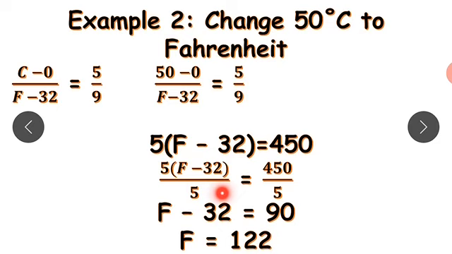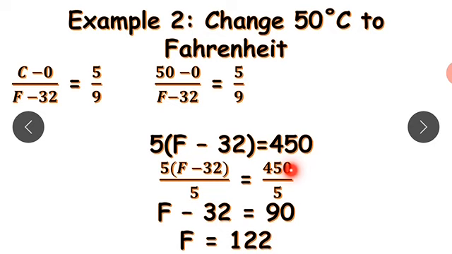To get the value of F, just divide both sides by 5. 5 quantity F minus 32 divided by 5, and 450 divided by 5. You can cancel the 5, so what's left is F minus 32.